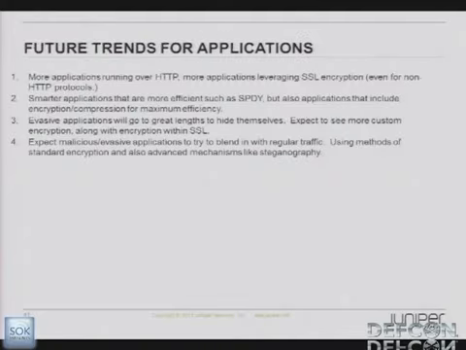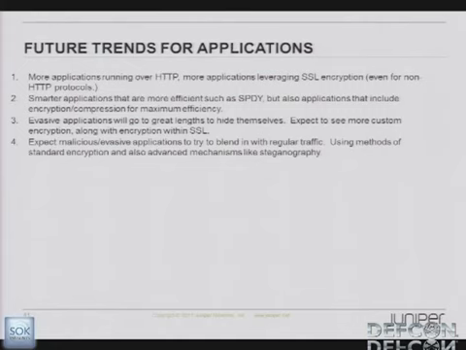I already covered this, but really, I expect more applications to be optimizing themselves. Take SPDY for instance, and I know there's been a few talks on that here at Black Hat, which is Google's new HTTP application. It can leverage both SSL and built-in compression and does things a lot more intelligently.